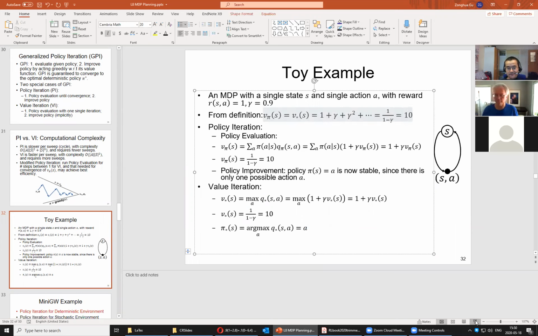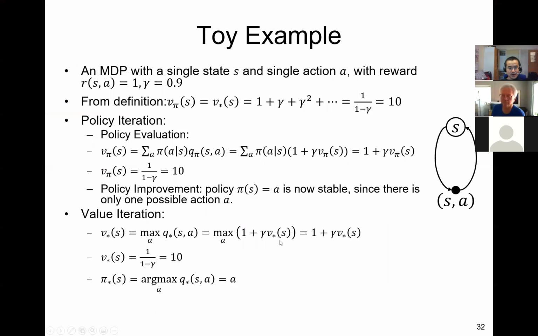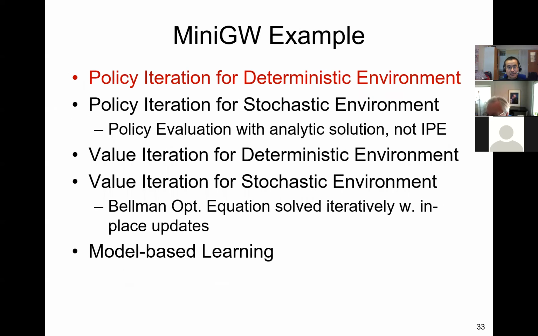You can solve for V star, which is also equal to 10, and you take the argmax to get the optimal policy, which is also a single choice, A. So that's a very simple toy example for policy iteration and value iteration.